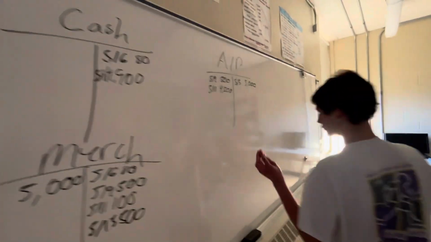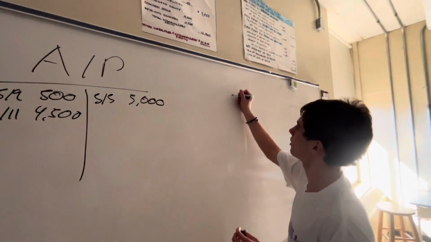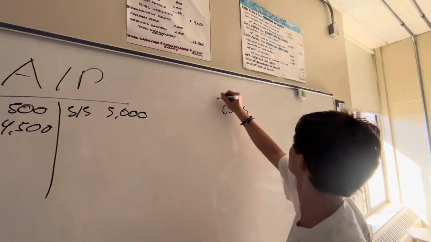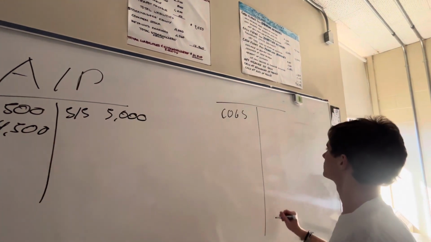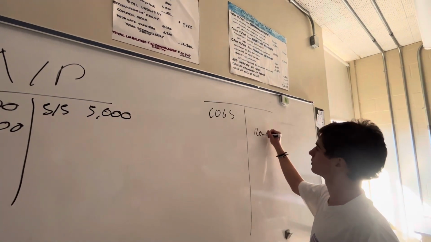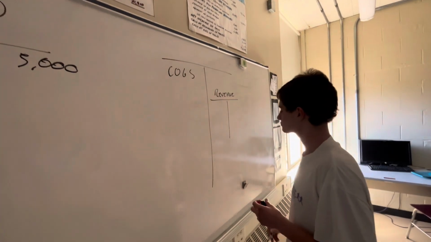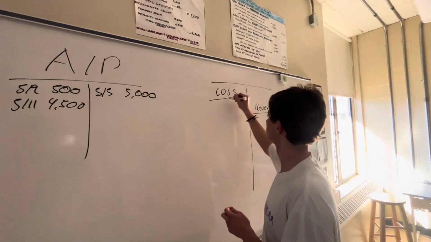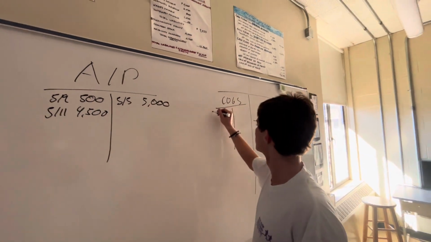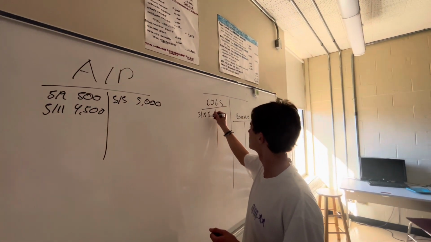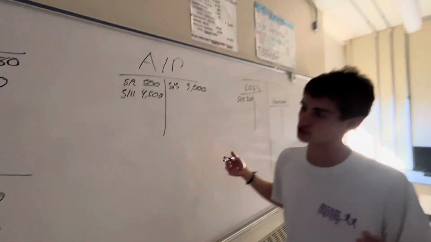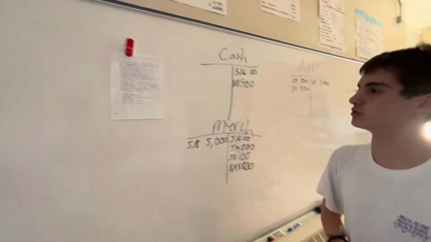And we're going to create a brand new account, cost of goods sold. We'll create our other accounts that we need, revenue and then cost of goods sold, 5/15, 500, because cost of goods sold is just the cost of the goods that we sold.